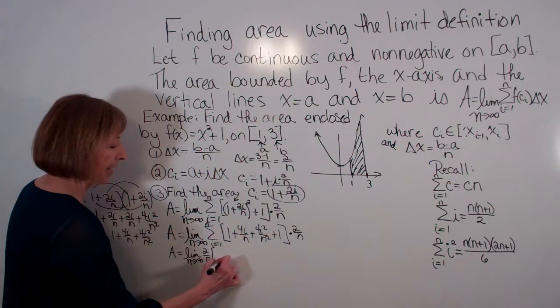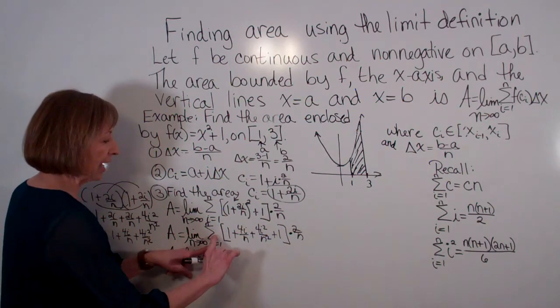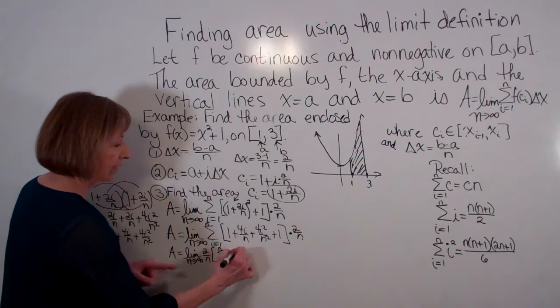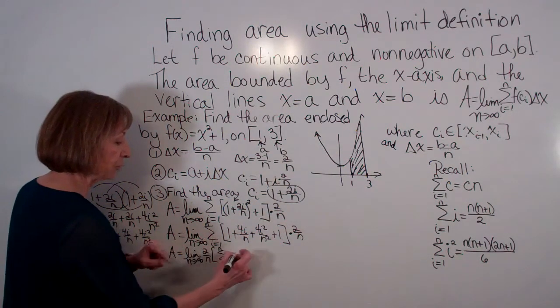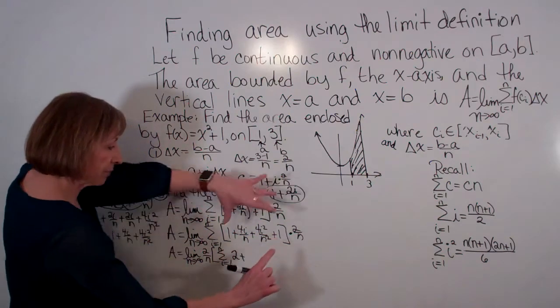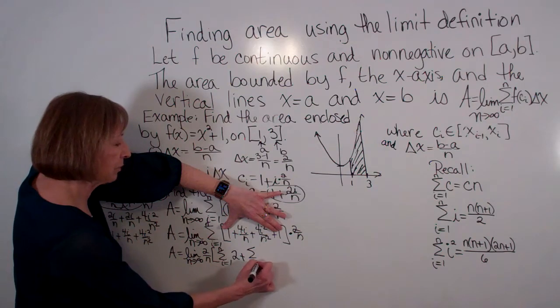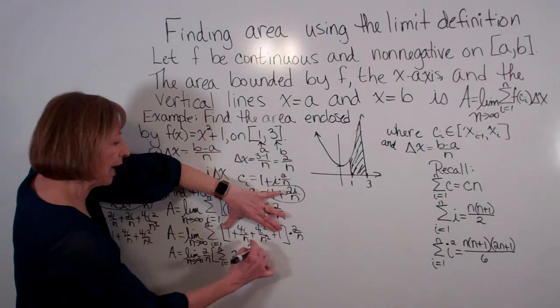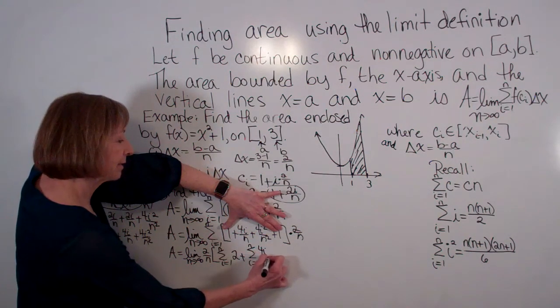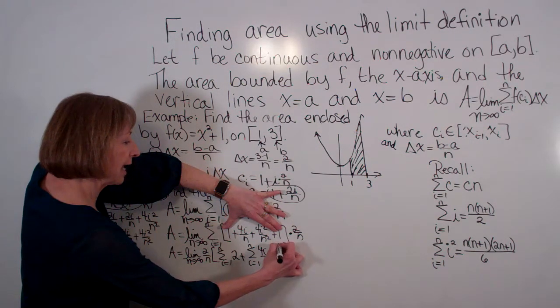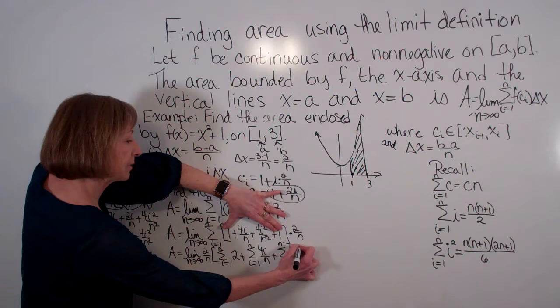And then I've got my bracket, and I'm going to take the summation i equal 1 to n of this 1 plus 1 is 2, plus, so that's those taken care of, the summation i equals 1 to n of 4i over n, and then plus the summation i equals 1 to n of 4i squared over n squared.